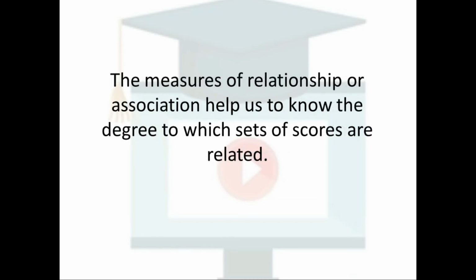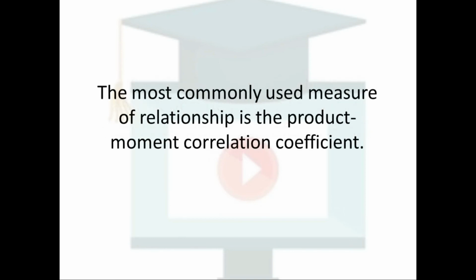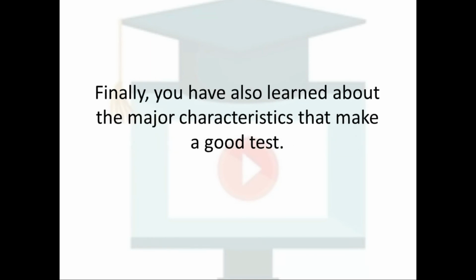The measures of relationship or association help us to know the degree to which sets of scores are related. The most commonly used measure of relationship is the product moment correlation coefficient. Finally, you have also learned about the major characteristics that make a good test.